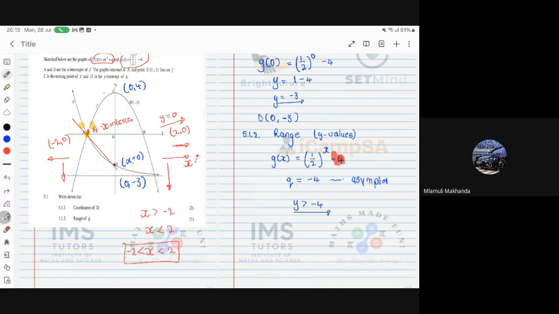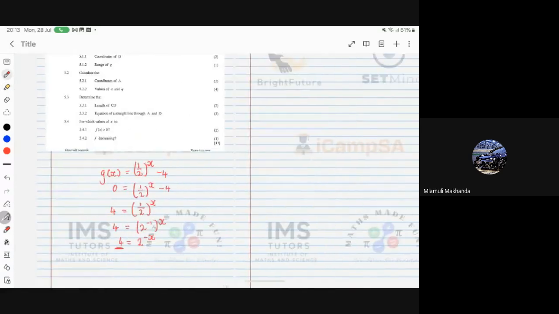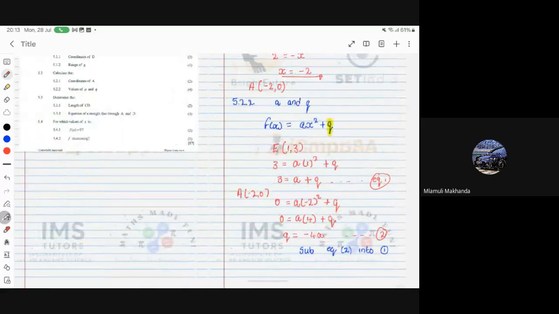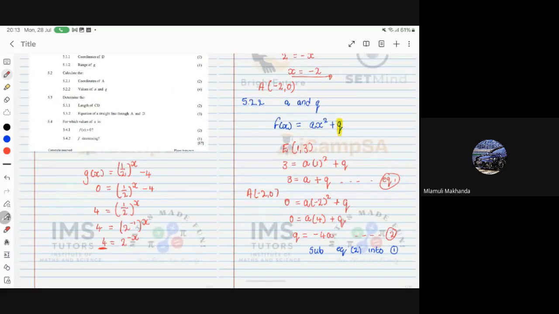What I'm trying to say is that our function is decreasing on this side. It's a negative slope. The function is decreasing from 0, going into the positive x direction. So to answer that, we say it's where x is greater than 0. That is where our function is decreasing.